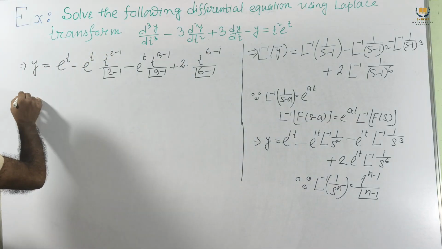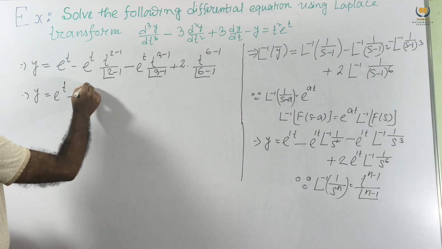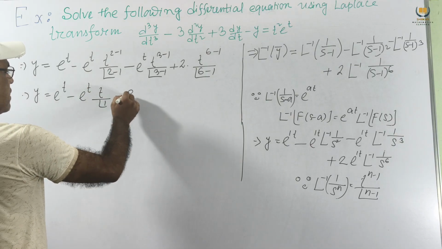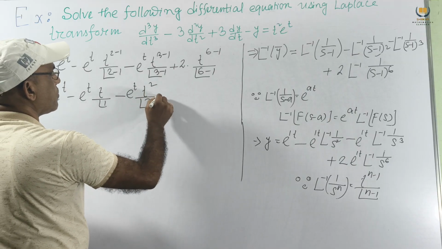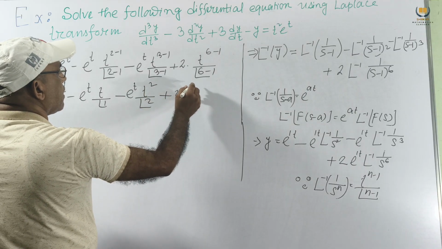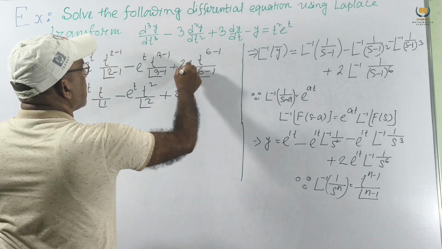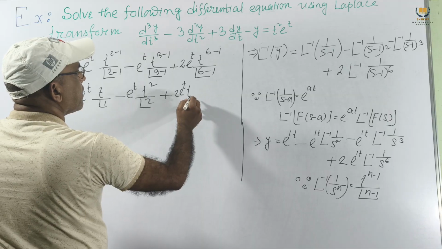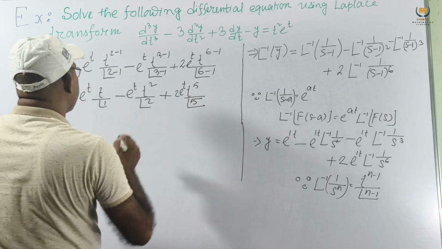So this is y equals e to the power t, e to the power t, t by factorial 1, e to the power t, t square by factorial 2, e to the power t, t to the power 5 by factorial 5.